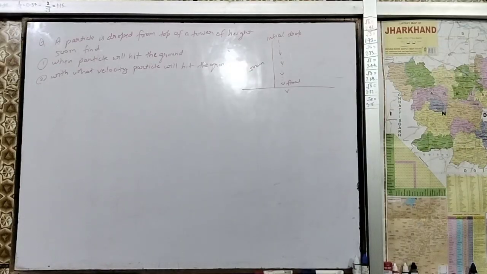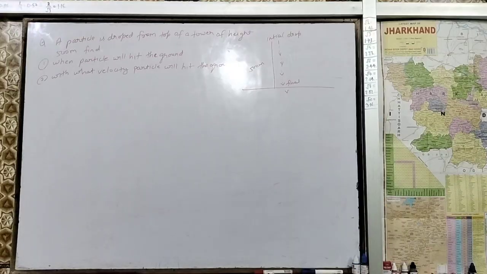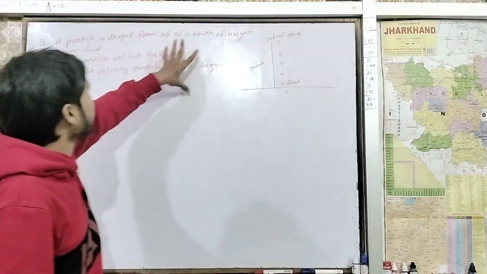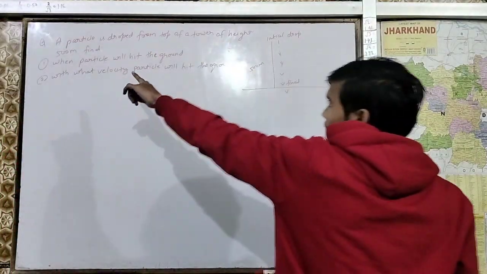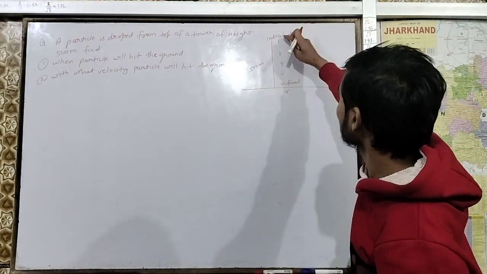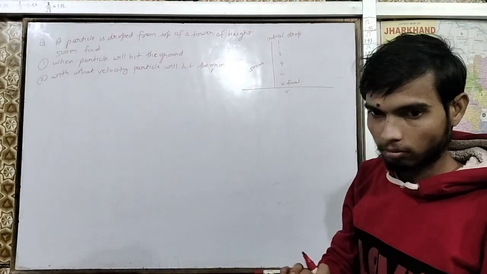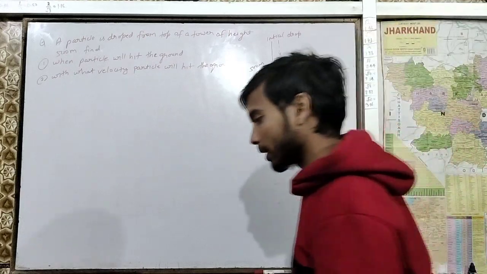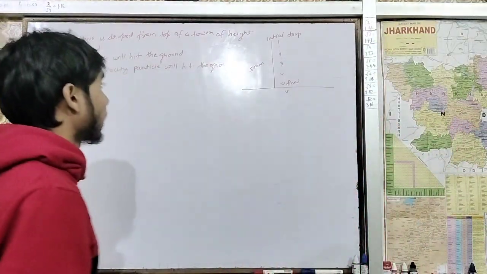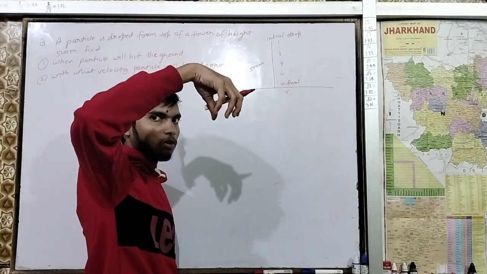Now look at this question. A particle is dropped from a tower. A particle is being dropped from the top of a tower of height 500. So the height of this tower is 500. From here, the particle is being dropped, and velocity is not provided by anybody. Only dropping of a particle.